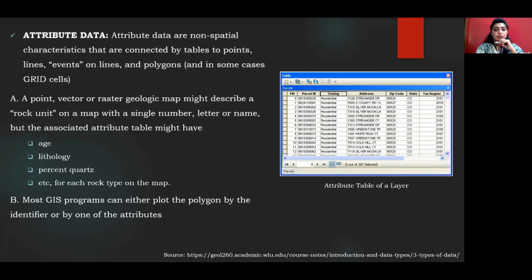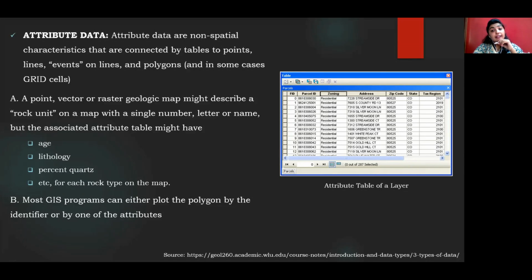So my line is the spatial data, but the information of the line, be it in terms of the name, the toll nakas, the length, breadth, the starting point, the ending point, all that will be my attribute data. Now, as I had mentioned earlier also, it is the brains of the map.